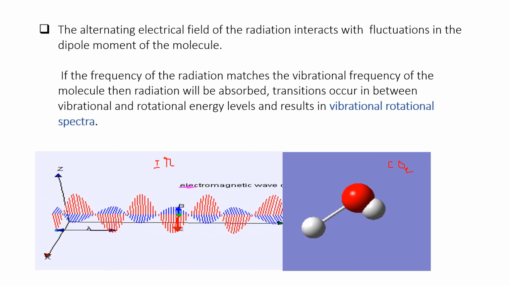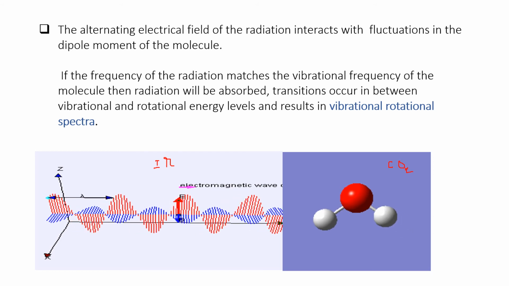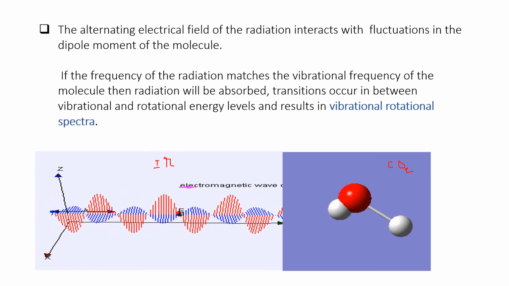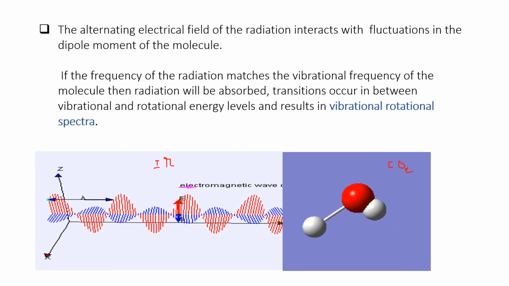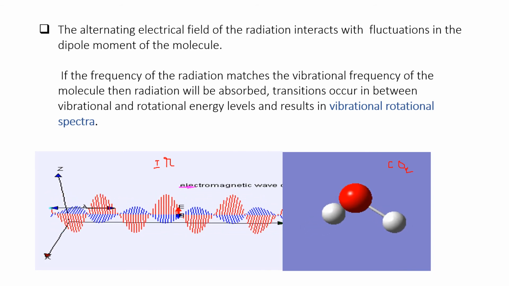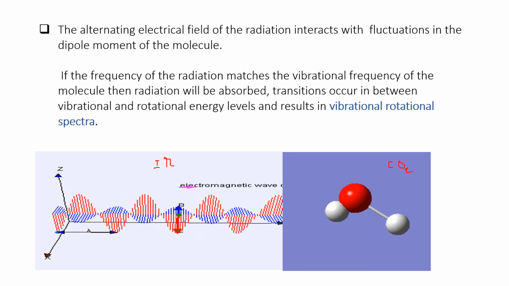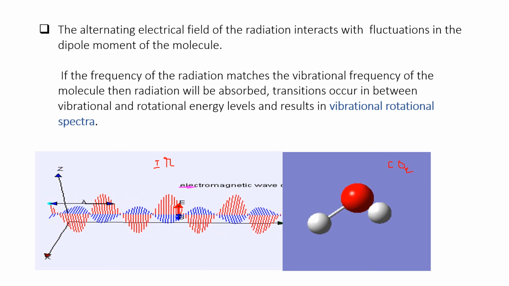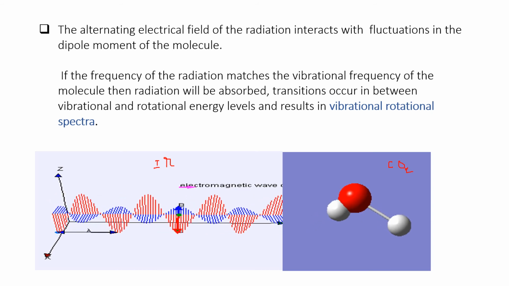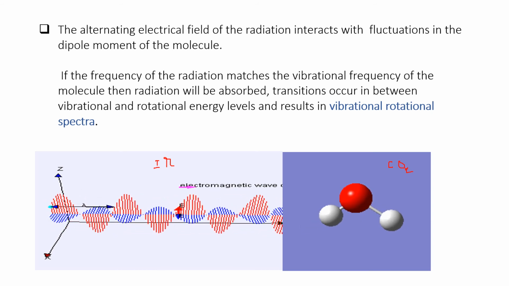You can observe the alternating electric field of the radiation will interact with fluctuations in the dipole moment of the molecule. So there are some fluctuations in the dipole moment. These fluctuations will interact with the alternating electric field of IR radiation.